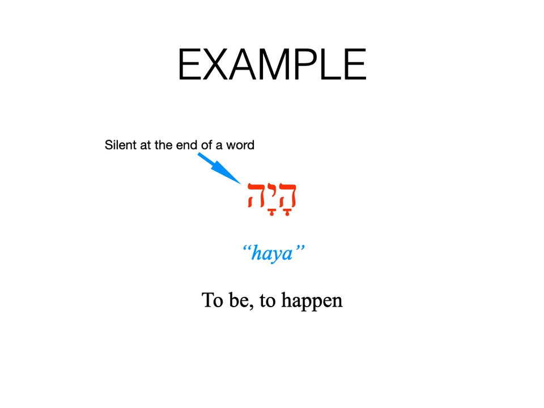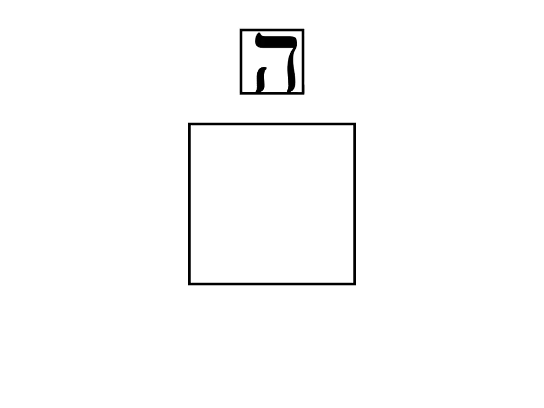So when you see the he at the end, you don't have to force it. You don't have to try to pronounce it. It's almost impossible to have some kind of breath pronunciation because it's very, very silent. So no sound at the end. However, if you see it in the middle or at the beginning of a word, the sound is h. So haya. And here is how it looks within the square box.